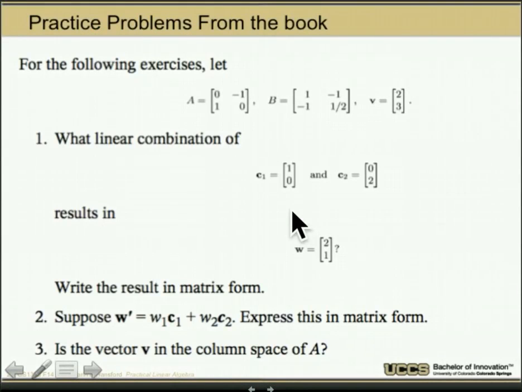So, going through a little bit of the basics, some exercises. These are from the back of the book, so you might want to work through some of these. Make sure you're ready. We will be having a quiz in the next class.